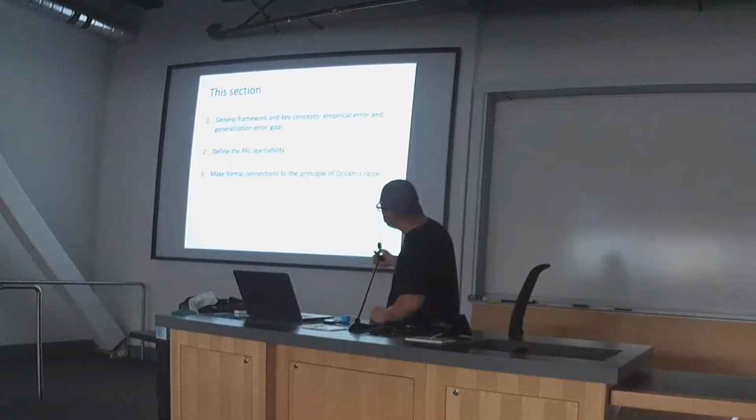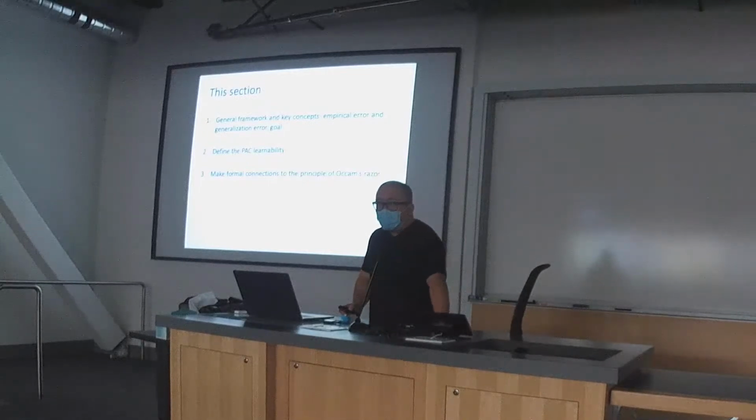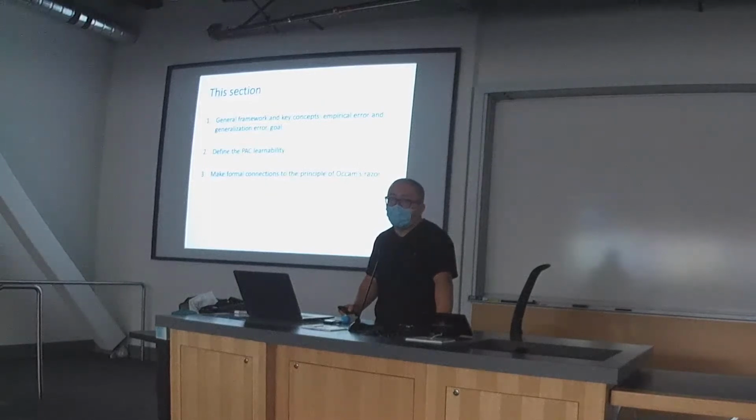Then we'll introduce this key concept called PAC learnability. PAC learnability can be viewed as a criterion to differentiate efficient learners from inefficient learners. If you say some type of target function is PAC learnable by some learning algorithm, it means that learning algorithm is really efficient and can be practically useful.